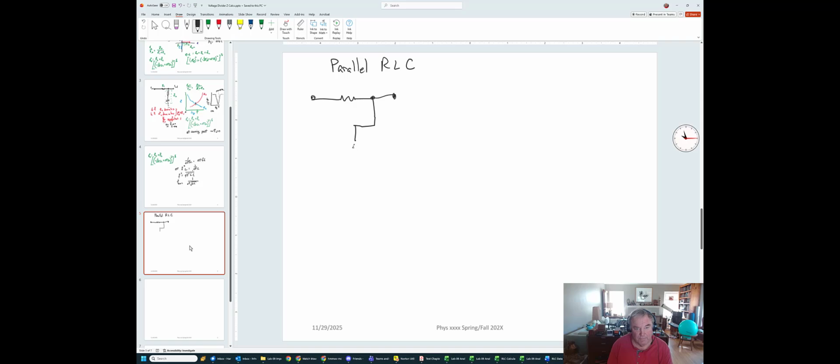But now we have the inductor and the capacitor in parallel. And this is still Z2, and this is still Z1.